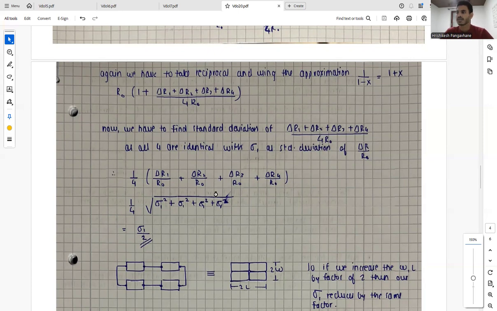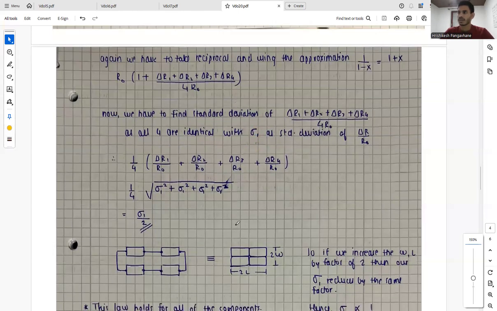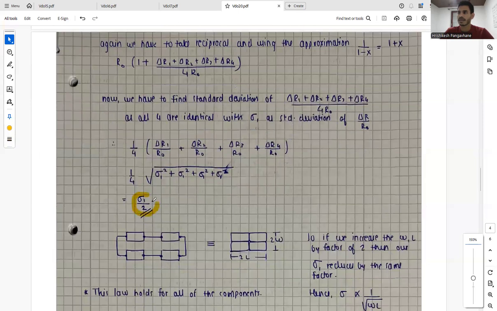So all we can do is take the root of the sum of squares of all sigmas. So what we are doing is 1 by 4 times the root of sigma 1 squared plus sigma 1 squared, like 4 times we have taken the sigma 1, as they are identical to the initial resistor we assumed. So now from this we get the standard deviation as sigma 1 by 2.